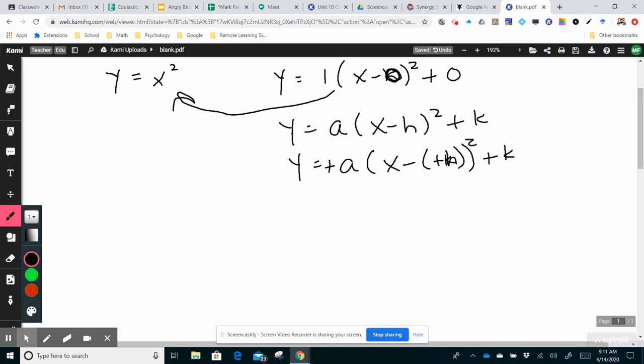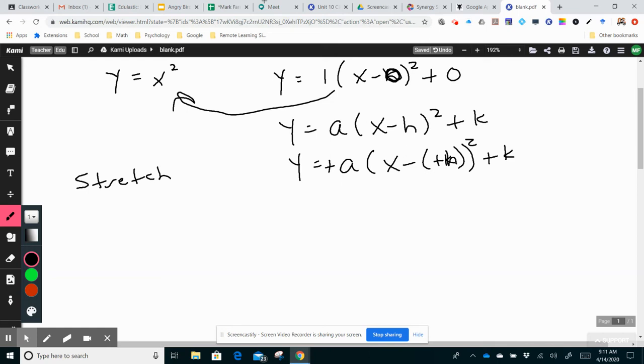So what we're talking about here is this a value that tells us about compression or stretching. When we stretch, think of it this way, it's a vertical stretch. If you reach up and stretch your arms up, that means your arms are getting closer together above your head.